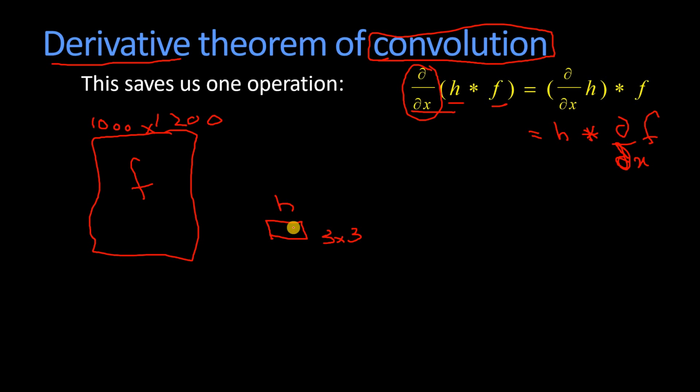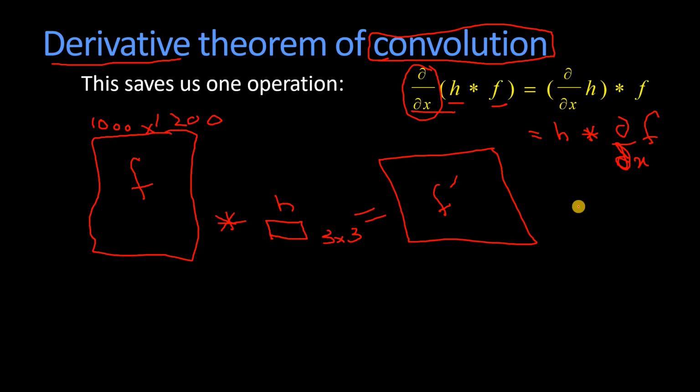Now if you take the image and convolve it with the filter to make it smooth, to remove the noise, you will get a new result. Let's say the result is f prime. Clear? You have convolved them, and this is a smooth image.